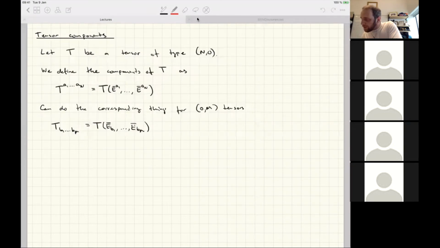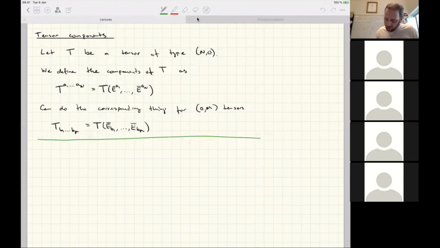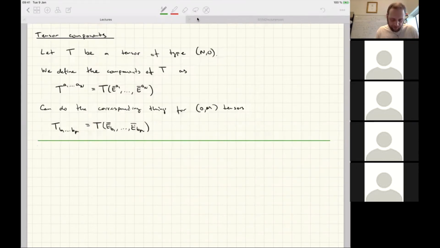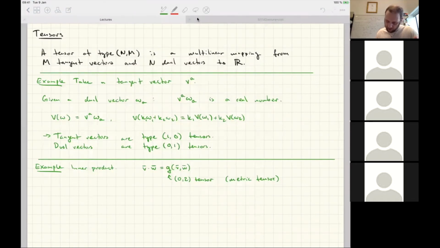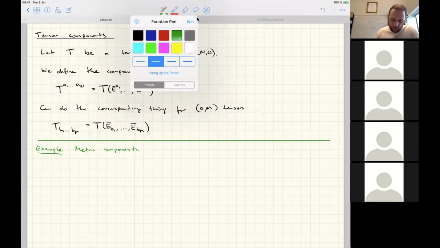So, for example, if we look at the metric components, this metric tensor that we defined over here, the metric is defined as the inner product between the two vectors it takes as arguments.